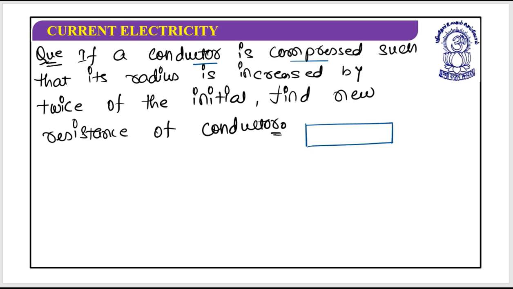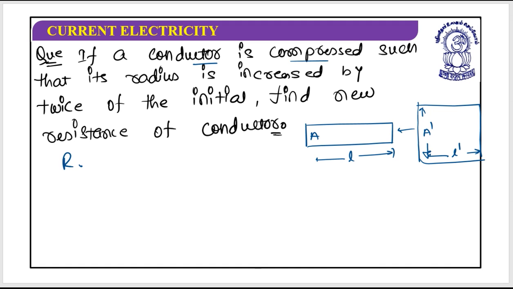This is the initial conductor, and when I compress it, it might look like this. As you can observe, this is the initial length and initial cross-sectional area, and this is the final cross-sectional area and final length. As I compress it, its cross-sectional area increases and its length decreases.